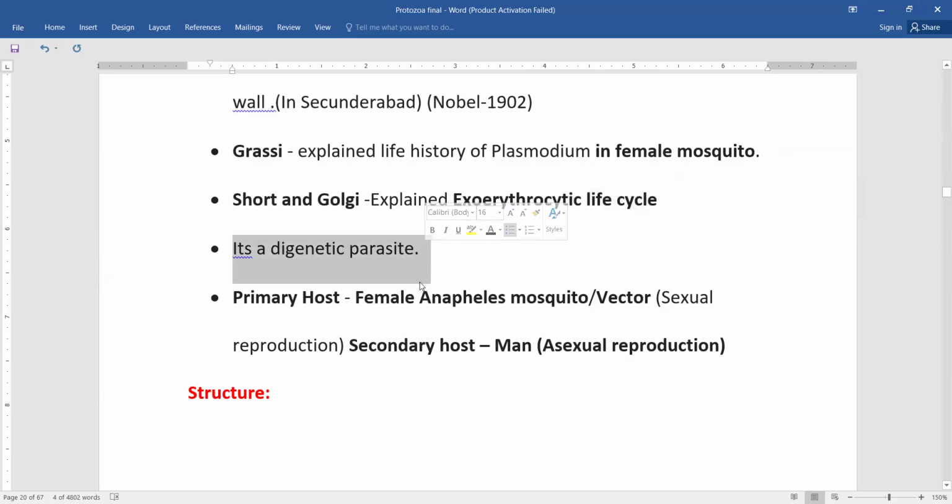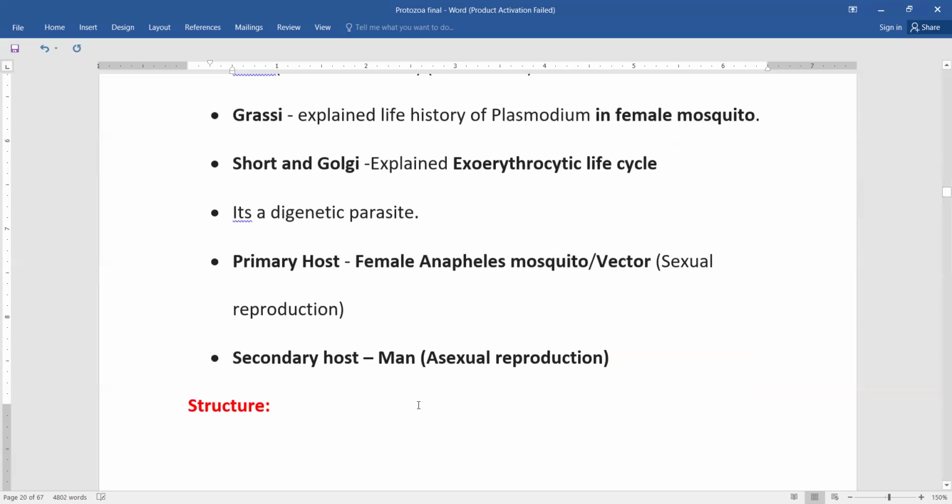That means it completes its life cycle in two hosts. There will be a primary host in which the sexual reproduction takes place. That is the female Anopheles mosquito, which acts as a vector. That's why this is the primary host. And the secondary host is human being.